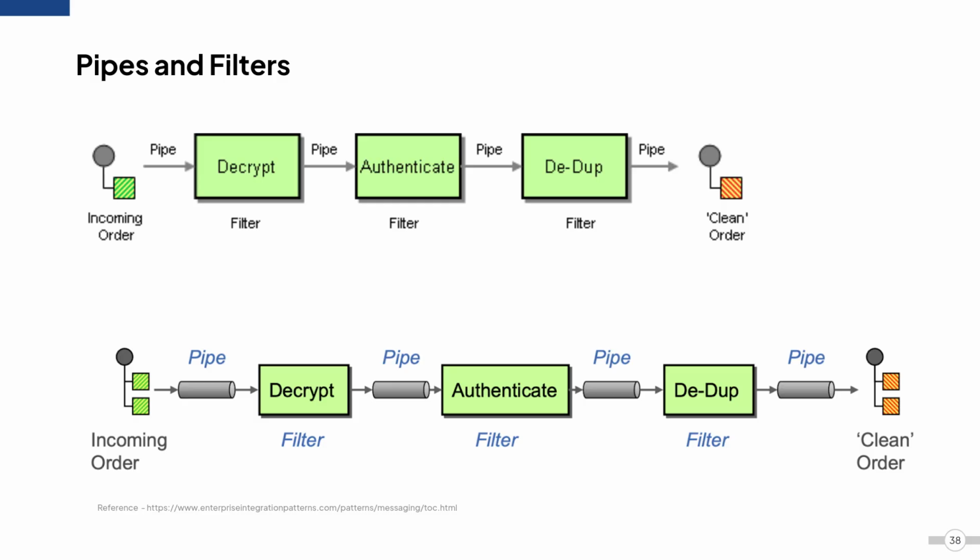That pipe is an HTTP call here in this case, let's say, and the filter in that step is to do some authentication after decrypting the message, extracting some information from your payload and doing the authentication. And then you do another call with the payload where, let's say, in this incoming order, you may have duplicated orders. Let's assume that way. So at that filter stage, maybe you do deduplication, eliminating duplicated orders, and then you send it to another channel or another entity with a clean order.